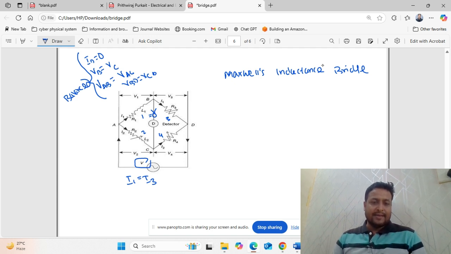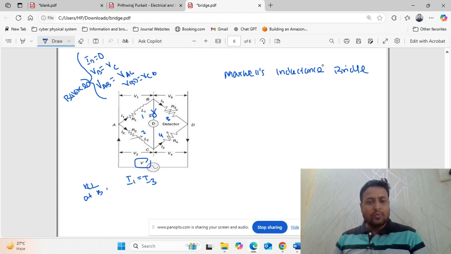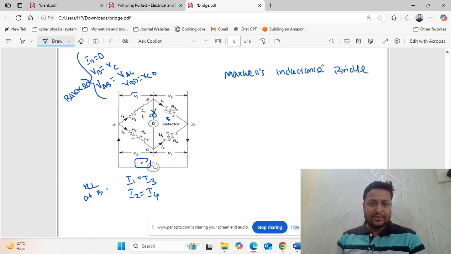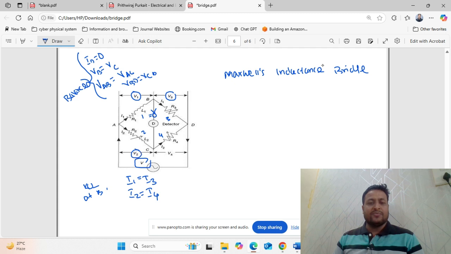Because ID is equal to 0, you apply KCL at B. Similarly, I2 is equal to I4. Now let's see this part. The voltage across branch 1 is V1, voltage across branch 3 is V3, voltage across branch 2 is V2, and voltage across branch 4 is V4.